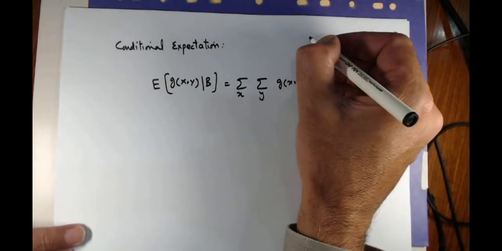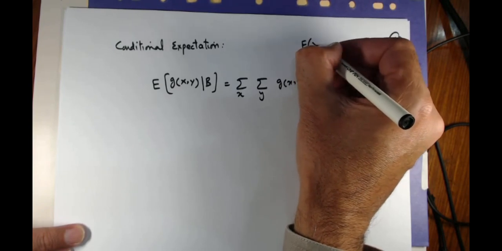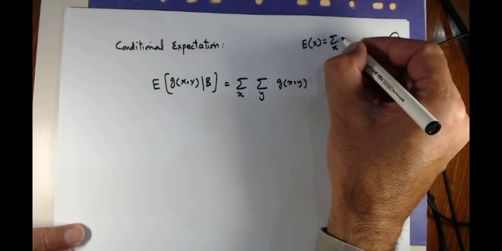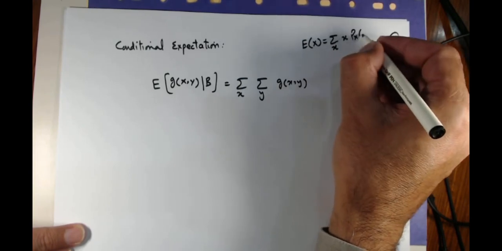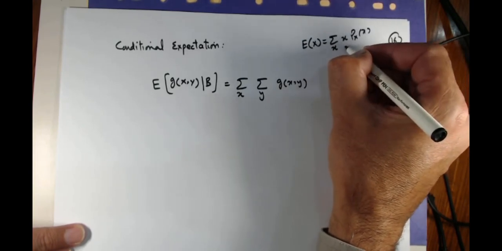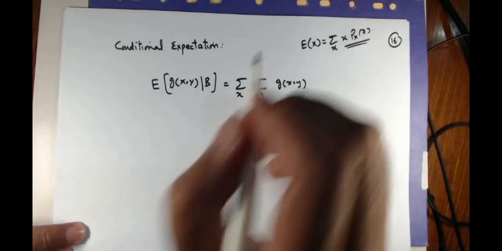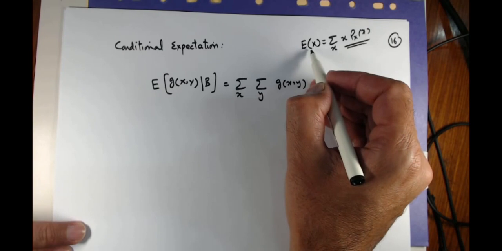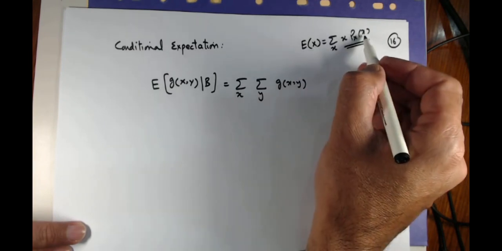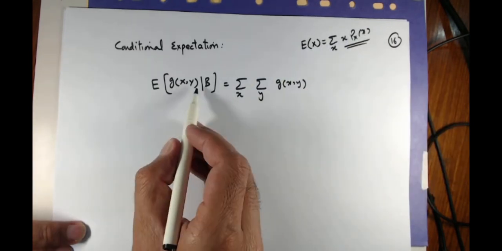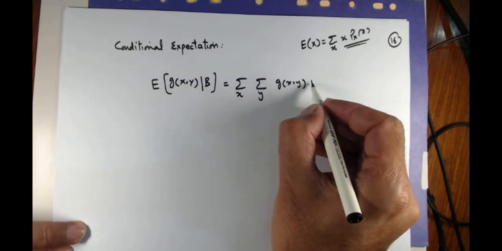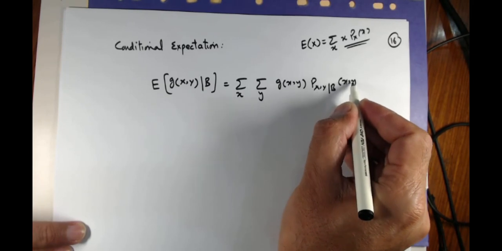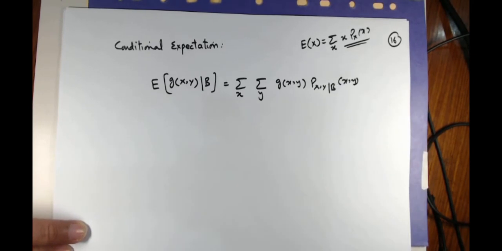If you remember, if you want to find the expectation of a random variable x, you use the summation, you use the variable, and you use the PMF, and then you do these products and ultimately sums, and you find the expectation. For the unconditional expectation, you have the unconditional PMF. For the conditional expectation, you will use the conditional PMF.